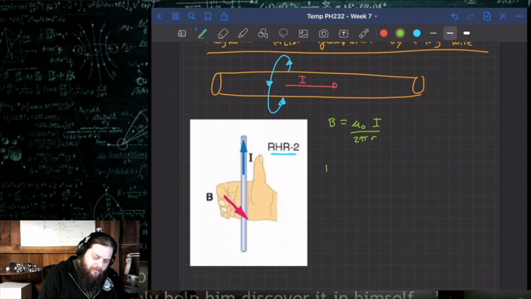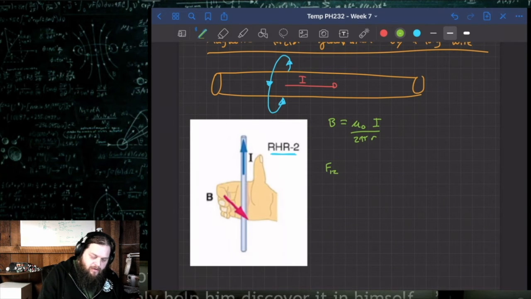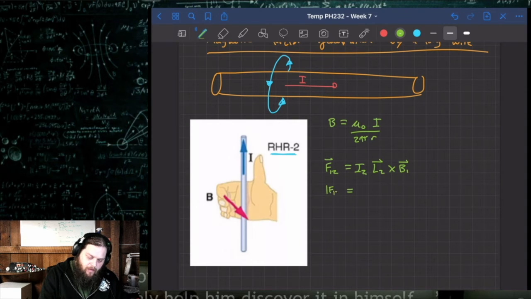We can also determine the force that this magnetic field would generate on another length of wire next to it. So I'll say the force of 1 on 2. So the force of wire 1 on wire 2 would equal the current in wire 2 times the length of wire 2, which is a vector, cross product with the magnetic field from 1. This is going to be a vector, and we can find the scalar value. So the magnitude F12 is going to equal I2 L2 B1 sine of theta.